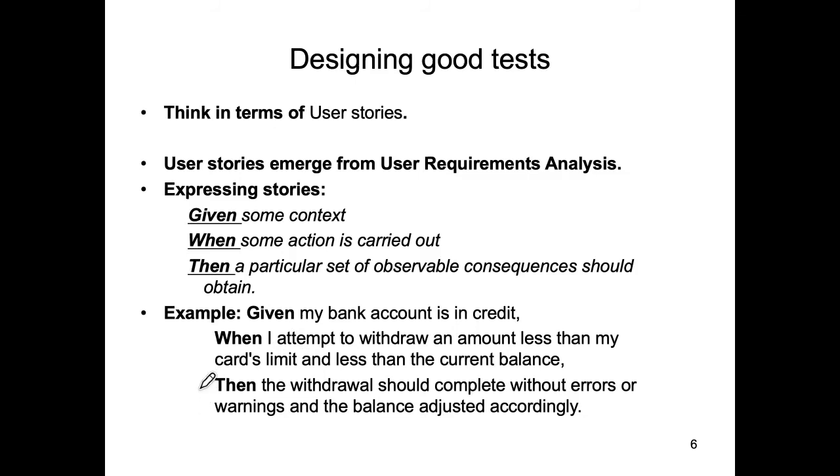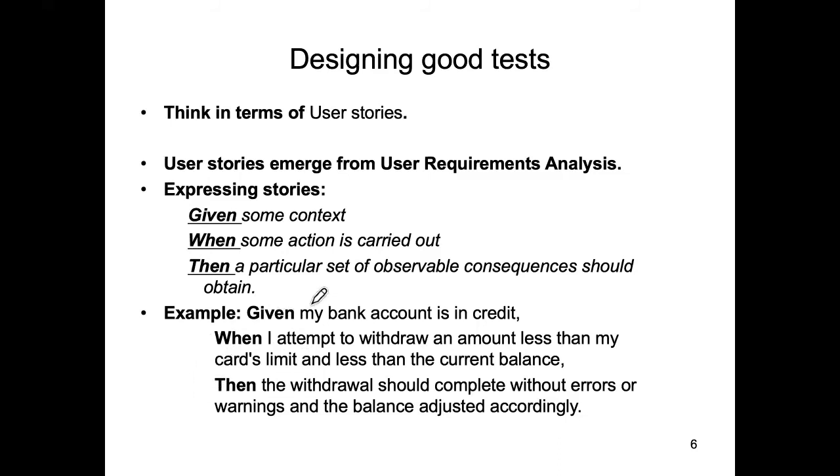I'm not going to read it for you. So that's a typical kind of user story expressed following this given, when, then pattern. And for this particular aspect of our banking application, there are a number of variations of this.